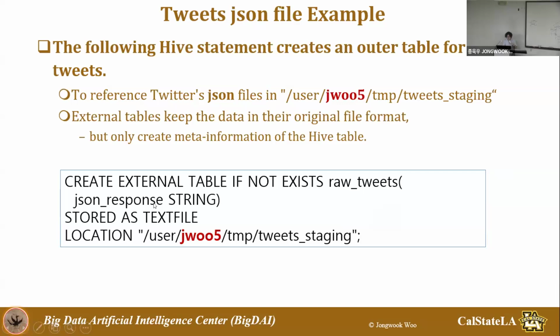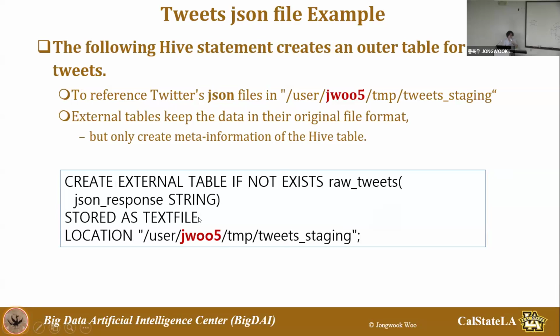Once you upload that JSON file to, for example, the Twitch staging directory by following the lab, you can create a table such as the raw Twitch table that is to read the JSON file line by line.